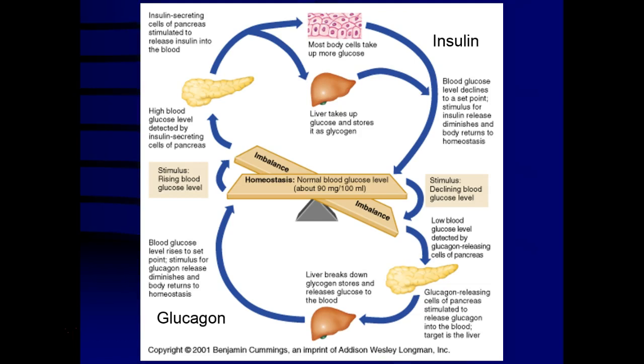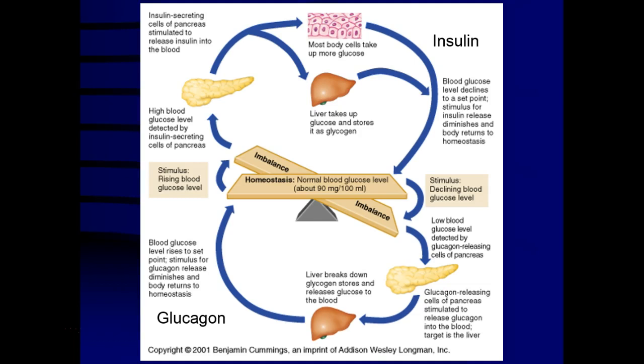When we eat a meal and start absorbing the nutrients, particularly fats, proteins, and carbohydrates, as we digest these materials, our blood sugar rises.